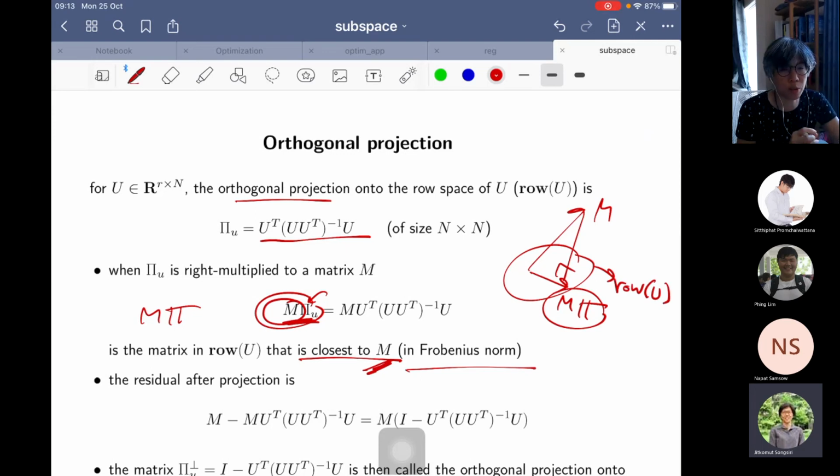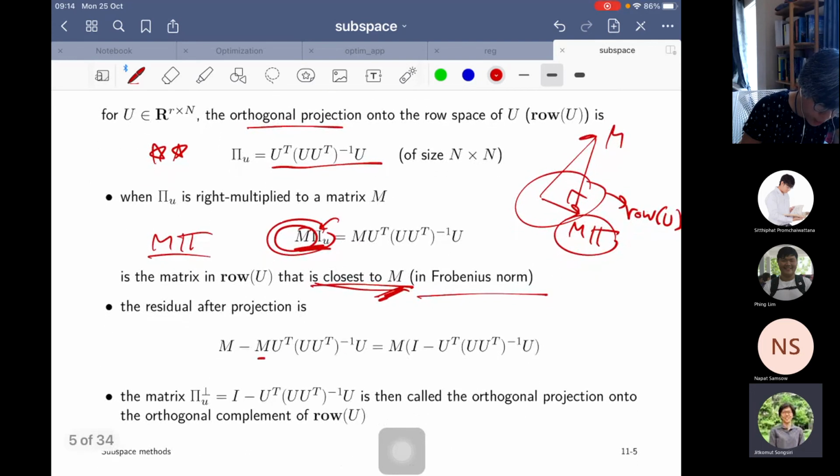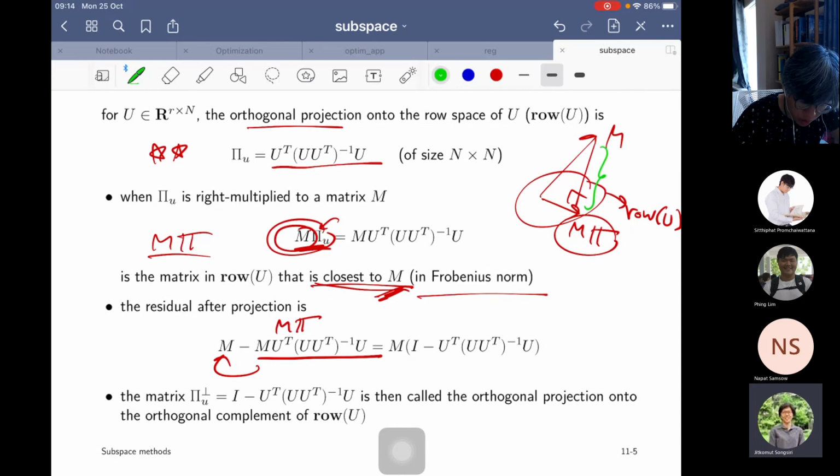Okay, so it's a different subspace we consider here. We can prove that it's an orthogonal projection, and that M pi is the closest matrix to M, but I'm going to leave that proof for now, just stating the result. So the residue after the projection, if you subtract M pi, the projection, from the original matrix M, is this portion.